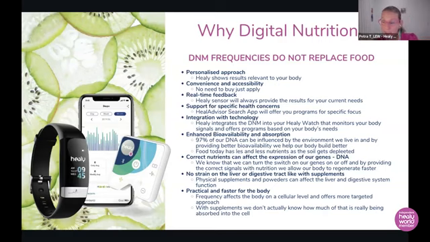When we apply frequency, what happens is we are influencing the DNA directly. And that means it's like opening the door of the cell. We literally open the windows and the doors so the body can absorb the nutrients that you are eating much better.